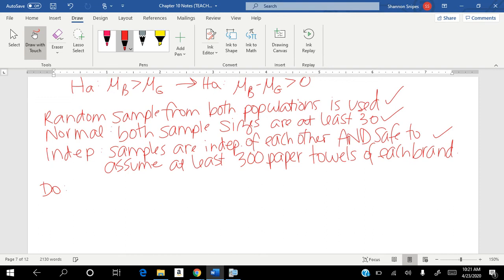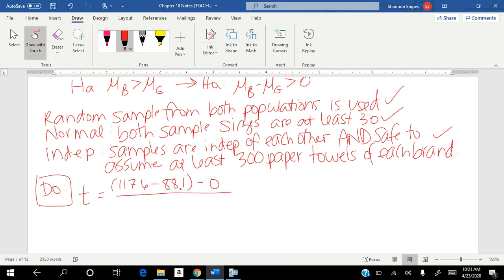Okay, so we're going to do this by hand, and then I'm going to check it in my calculator. So in your do step, we do our test statistic, which is T, and it's going to equal your statistic. Remember we're doing B minus G, so it's going to be 117.6 minus 88.1 minus your parameter, 0.